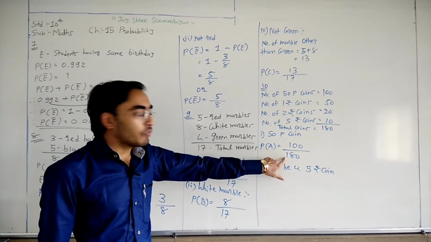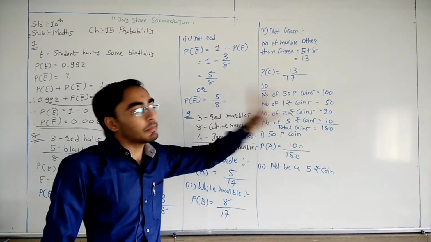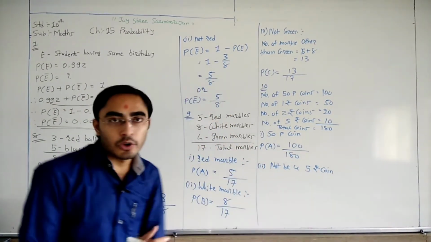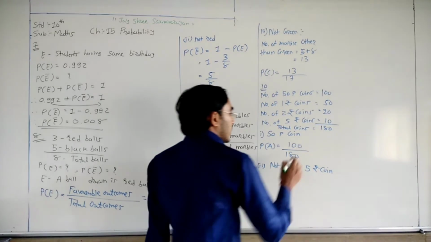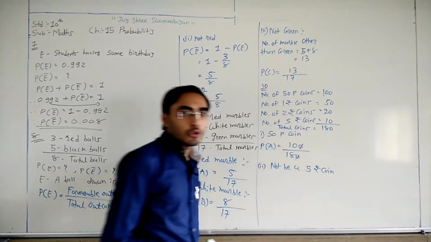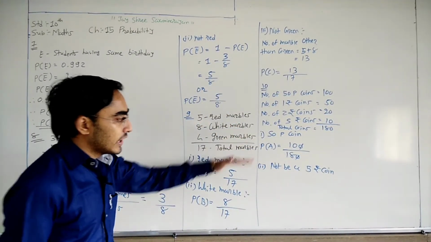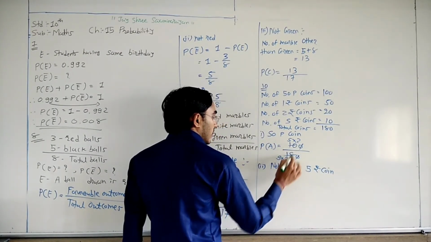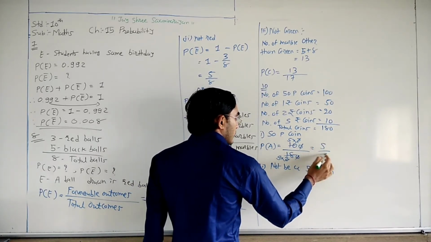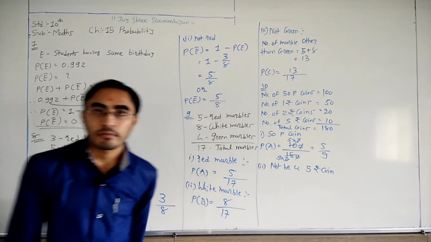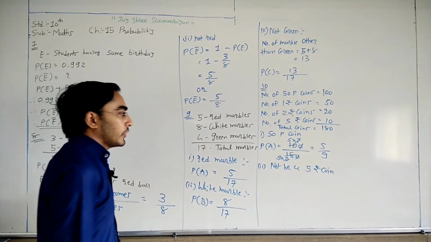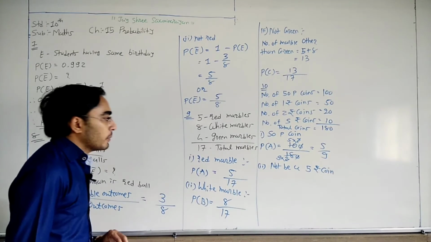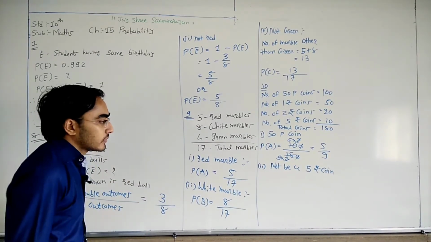It means out of 180 we have 100 50 paisa coins. Now here we can simplify. So the zeros cut. Now 10 upon 18, 5 twos are 10 and 9 twos are 18. So 2 cut, 5 by 9. This is the probability for the 50 paisa coin. So the probability of event A is equal to 5 by 9.